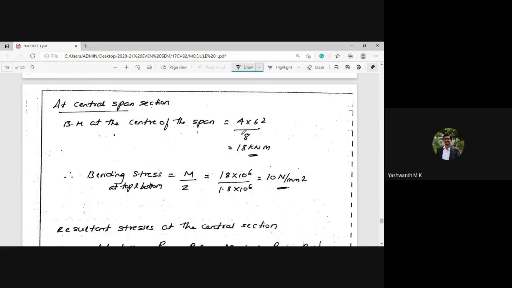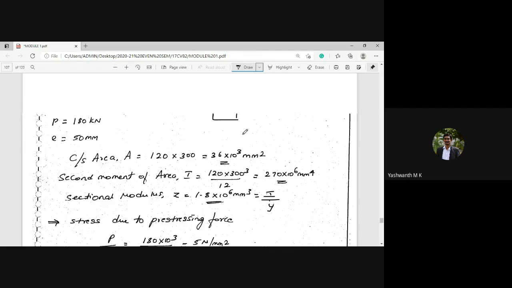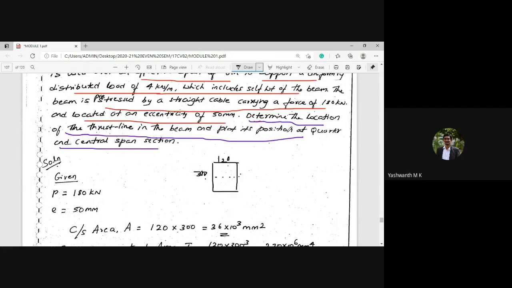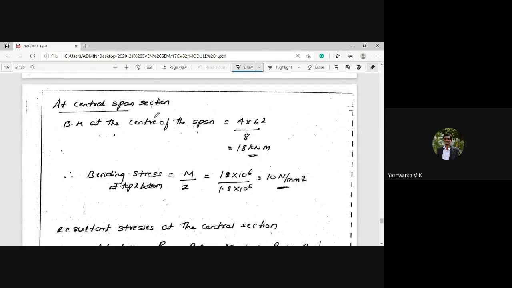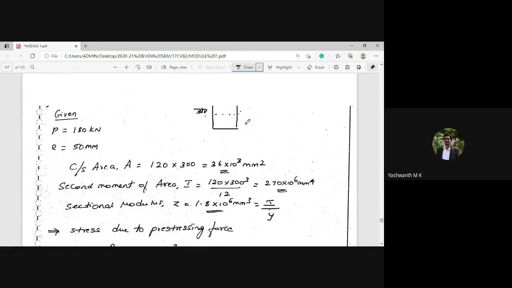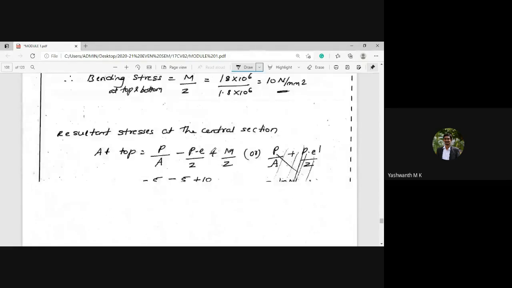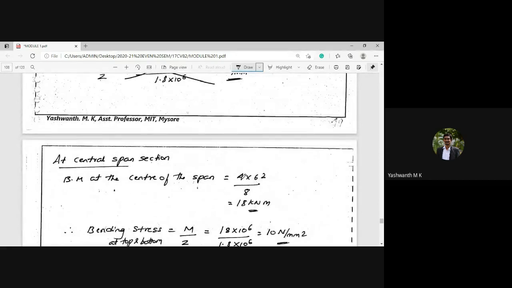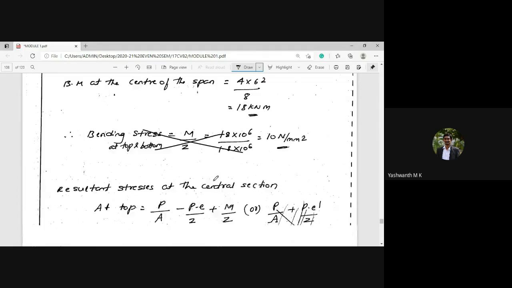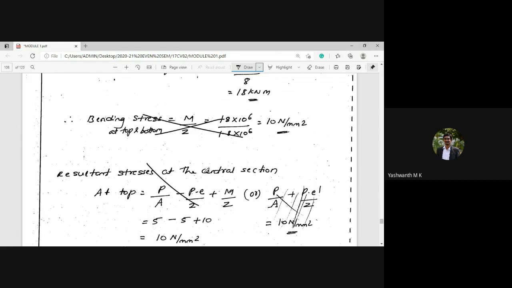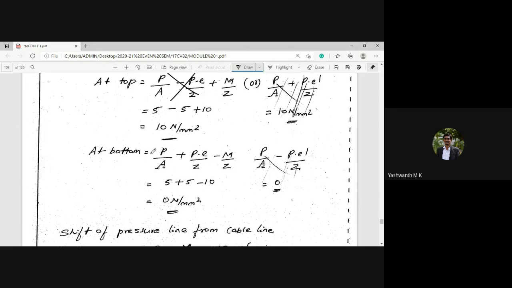Since he is asking to plot the pressure line at quarter and central span, I am going to calculate first at the center of the span. That is WL square by 8, which includes self-weight also, that is 4 into 6 square by 8, which is 18 kilonewton meter. We don't want the stresses here because I have solved the problem using the stress concept, so please don't follow this.